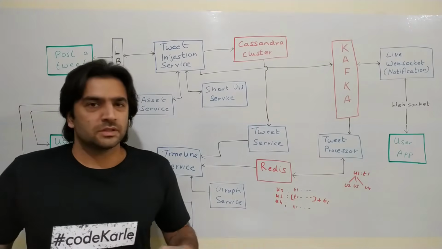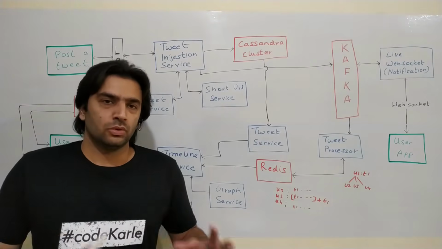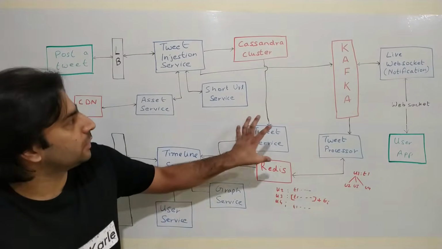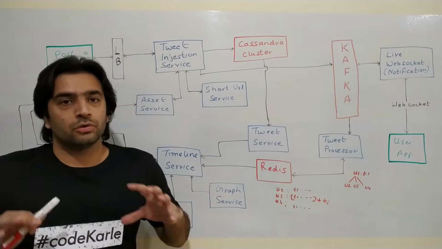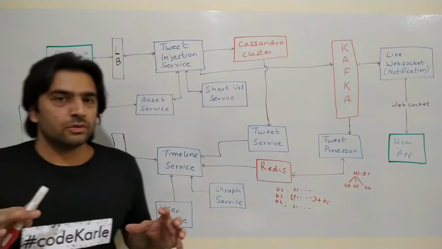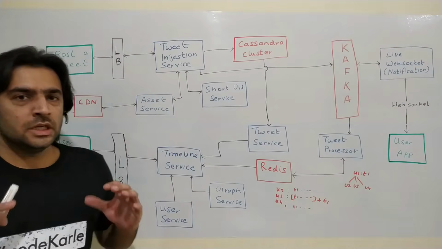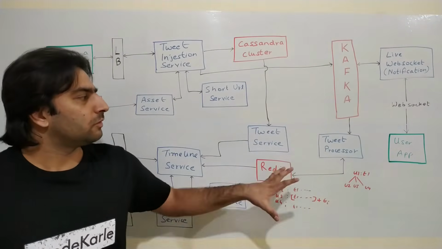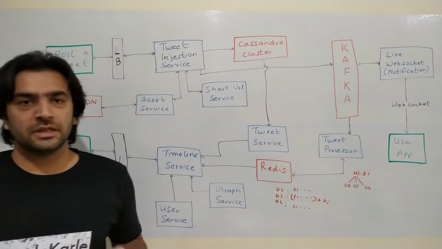But if the timestamp is just 5 seconds in the past, we can safely assume that there is no new tweet and just return from Redis directly, without querying the tweet service and then Cassandra and all of that. So famous users are handled in a slightly different way, because if we try to handle them in the normal way, it is going to put a lot of load on various components in the picture.